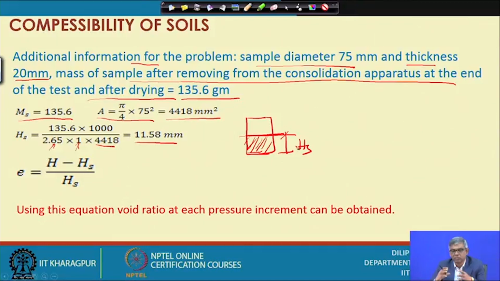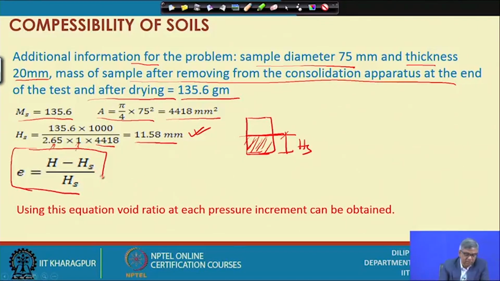Then if it is a total solid mass, what is the equivalent height? Based on that calculation it came to 11.58. Then e will be, from the derivation in the previous slide, H minus HS by HS. This can be used to calculate the void ratio at any pressure starting from the beginning. That is done in the next slide.